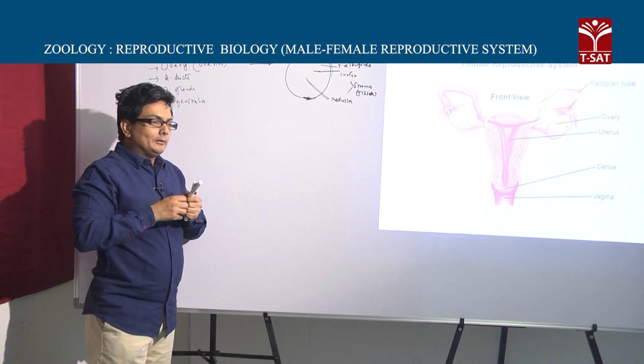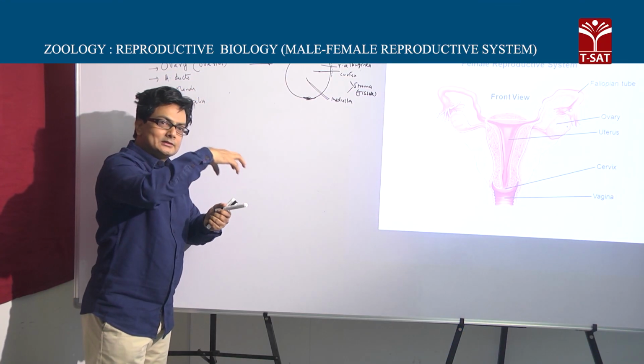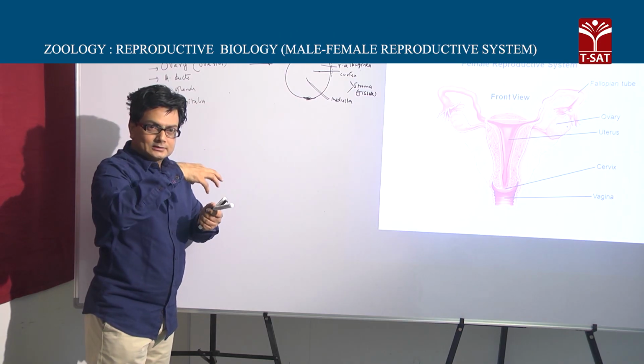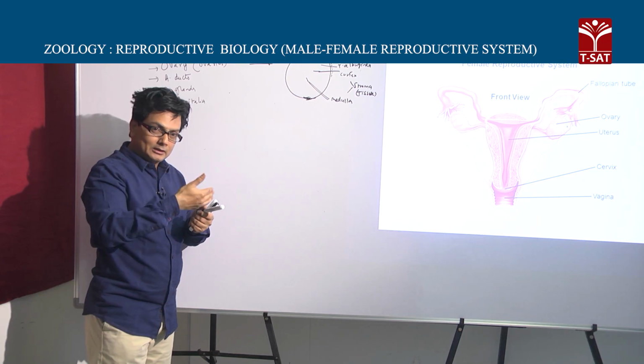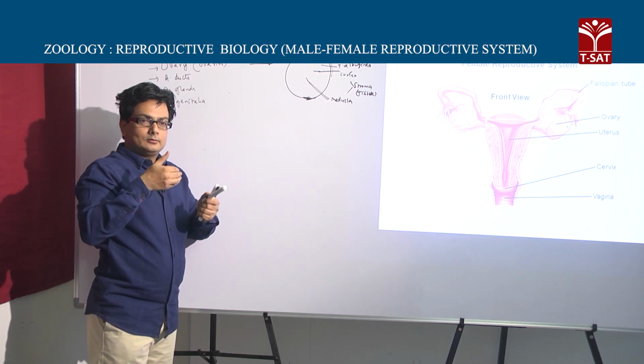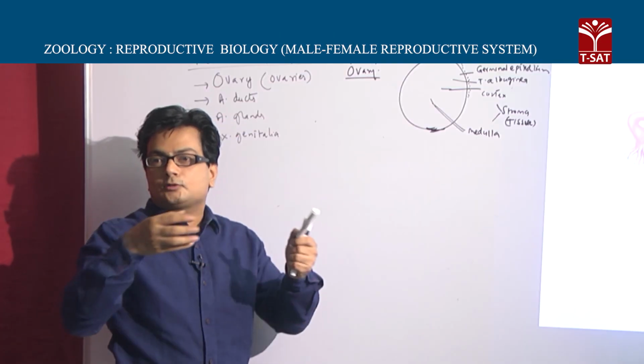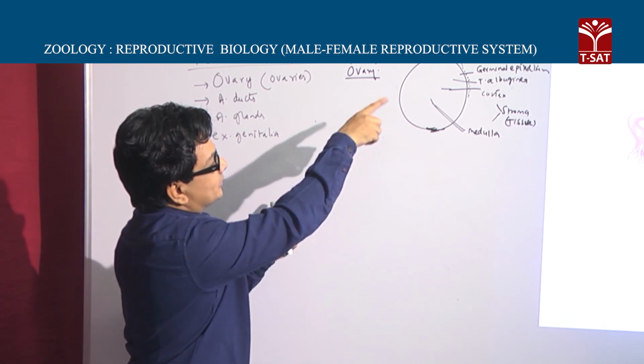The cortex will have the developmental stages called the follicles: the primordial follicle, primary, secondary, tertiary. All these follicles are well spread out within the cortex of the stroma.